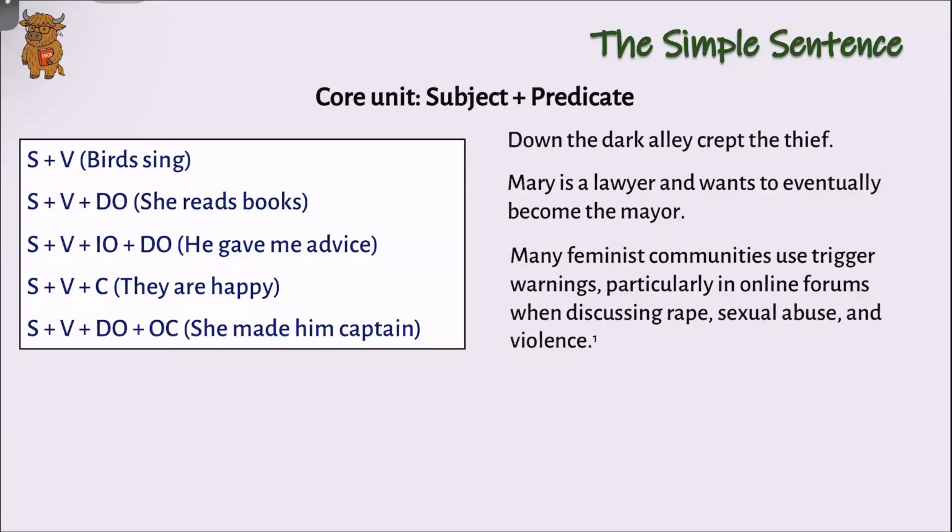A simple sentence with the double predicate, which is fine because a simple sentence means there are no subordinate clauses. That's why, particularly in online forums, that's not really a simple sentence. And down the dark alley is not a direct object. Yep, it's still a simple sentence.